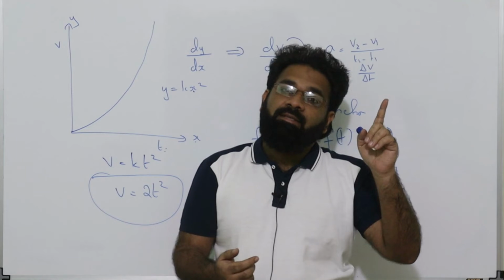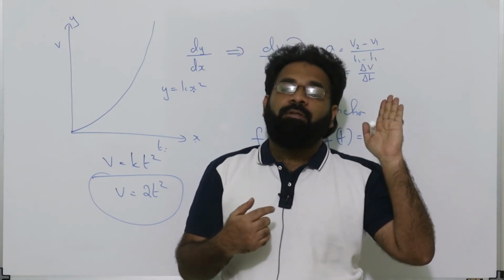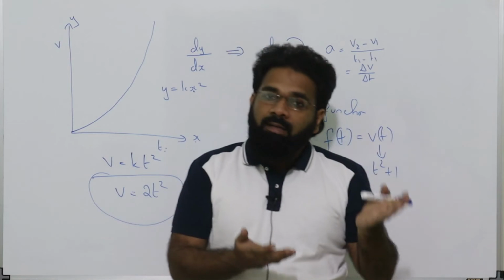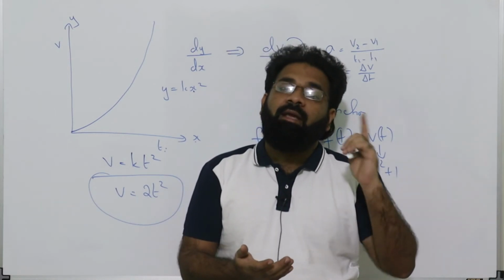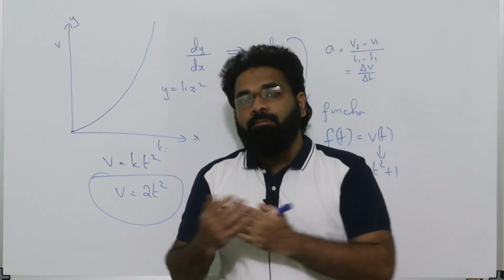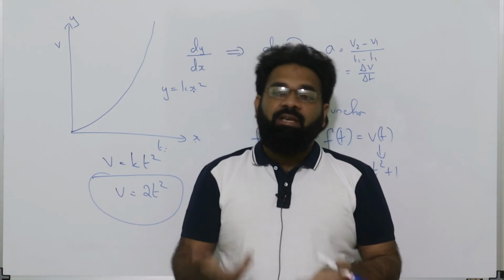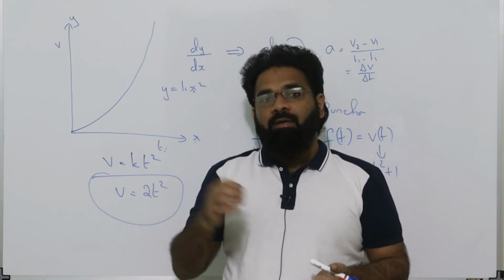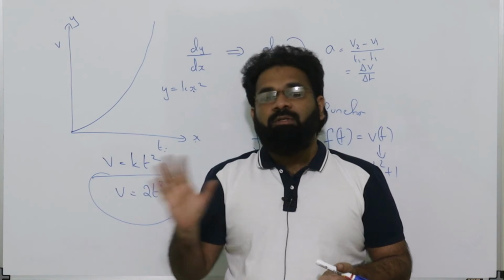If the y-axis is temperature and the x-axis is time t, then the slope is nothing but the rate of change of temperature. Okay, so rate of change is what slope is. Change of something with respect to some other thing.